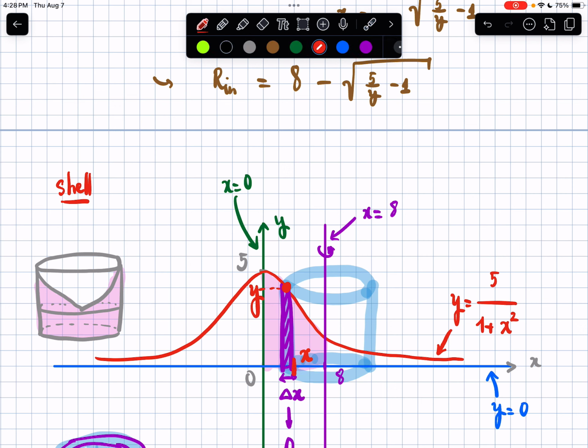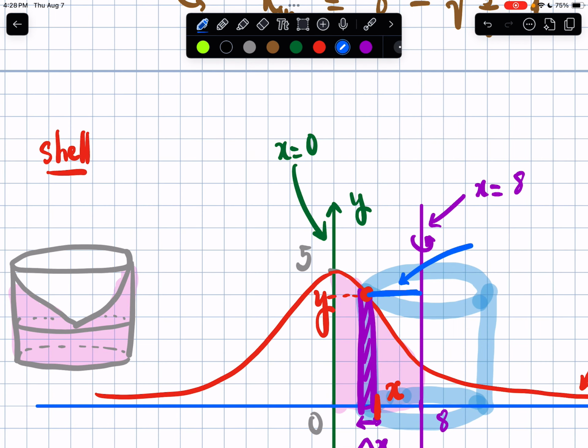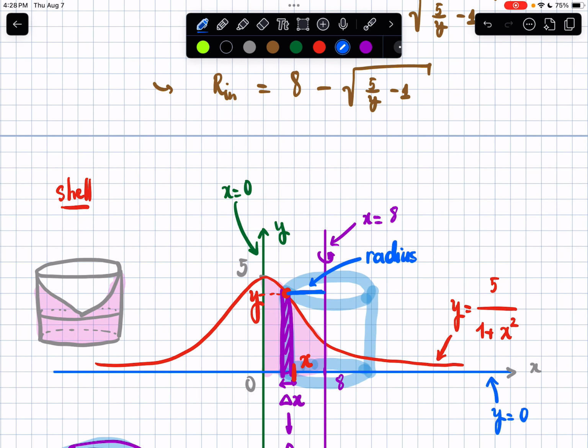The radius is the distance from this point x to the axis of revolution at 8, so the radius is 8 minus x.